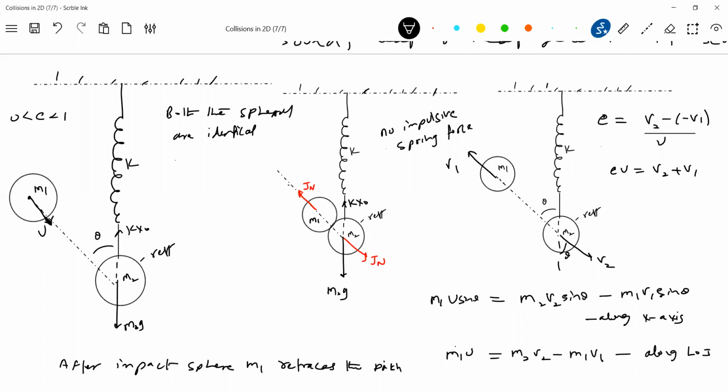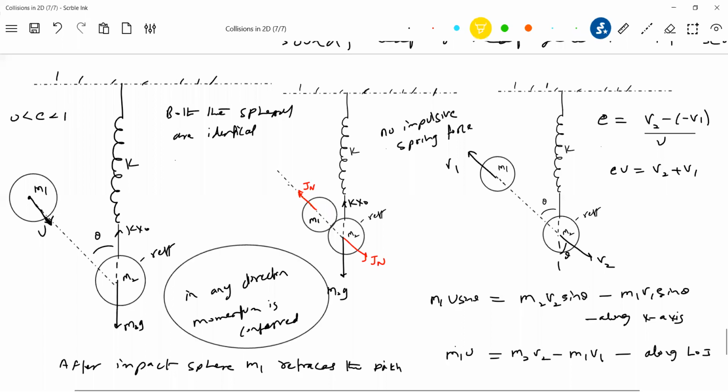In any direction it is conserved, because plus j and minus j, no impulsive force. Since we are very familiar with line of impact, that's why I wrote it specifically here. Choose a suitable direction, along x-axis or y-axis. If you write in any direction, you'll get the same equations.